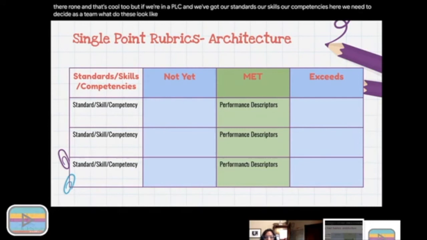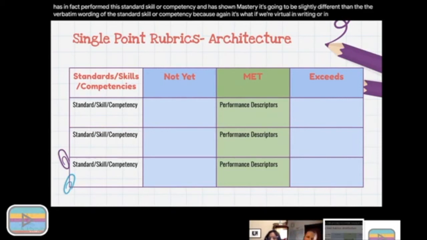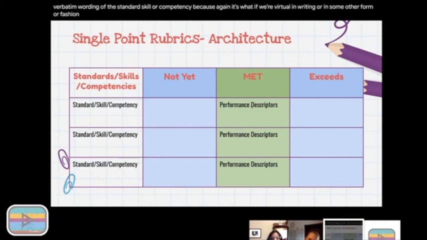What observable measures in this task can we look for as educators to see if a learner has in fact performed this standard skill or competency and has shown mastery? It's going to be slightly different than the verbatim wording of the standard skill or competency, because again, it's what we can observe, either on a video, if we're virtual, in writing, or in some other form or fashion. We leave the not yet and the exceeds columns empty because that's where we provide our feedback.